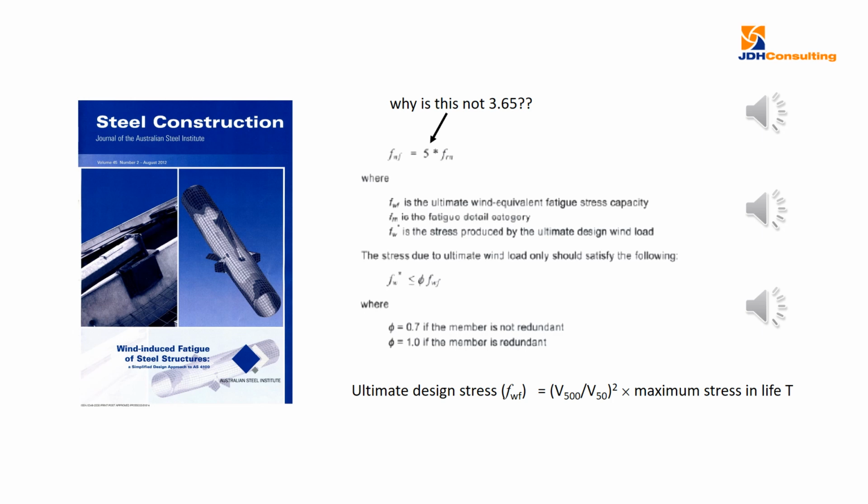So it's essentially the maximum stress in a period that's roughly 10 times the life T. And that relationship is down the bottom there. For most locations in Australia and New Zealand, that's around about the ratio 5 over 3.65. So it's been simplified, and this explains why we have a 5 in the top equation instead of a 3.65.